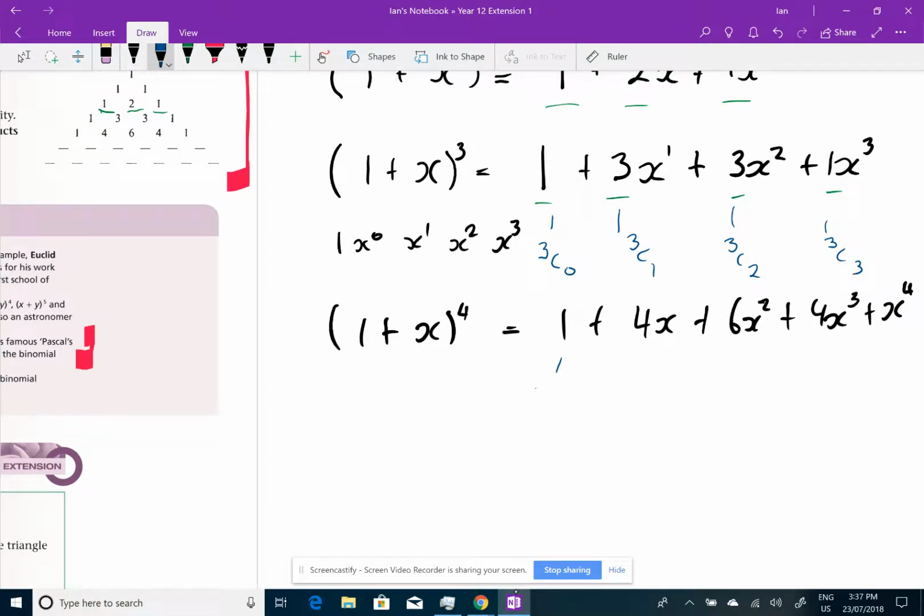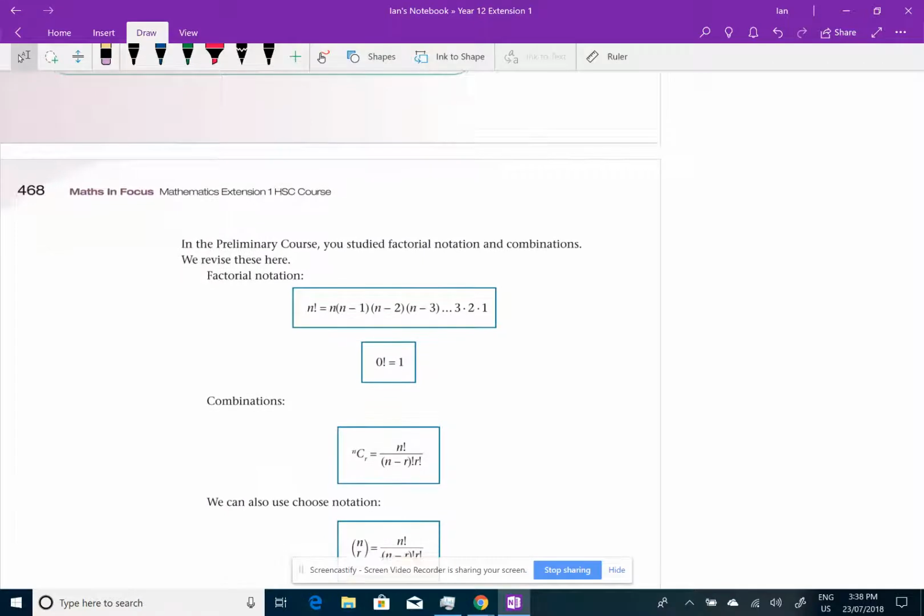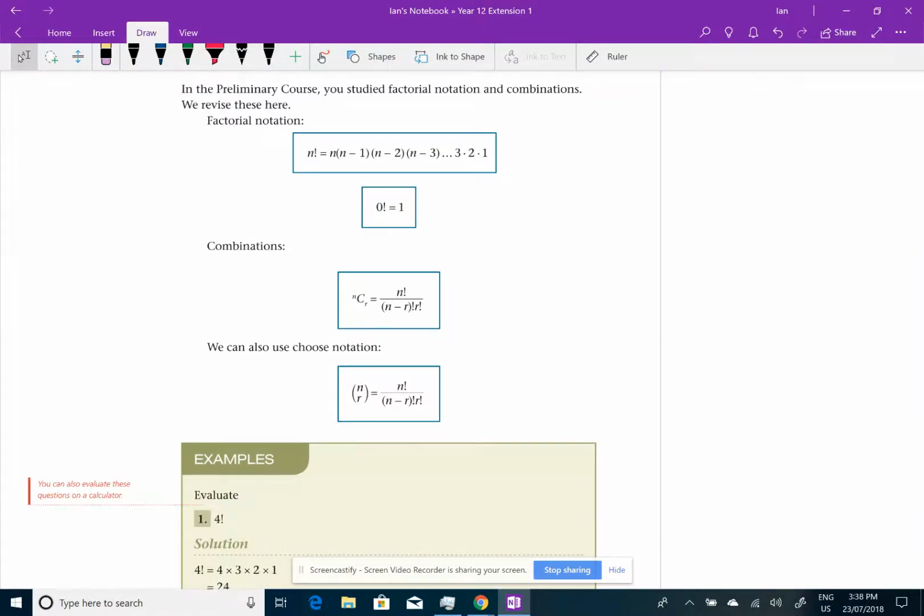The same way here, this will give us 4C0, 4C1, 4C2, 4C3, and the 1 that's there is 4C4. So you don't need to write all of Pascal's triangle out. You can just use combination notation. Now we're going to learn that later, but the reason why I explained it then is because we're going to be working with combination notation.